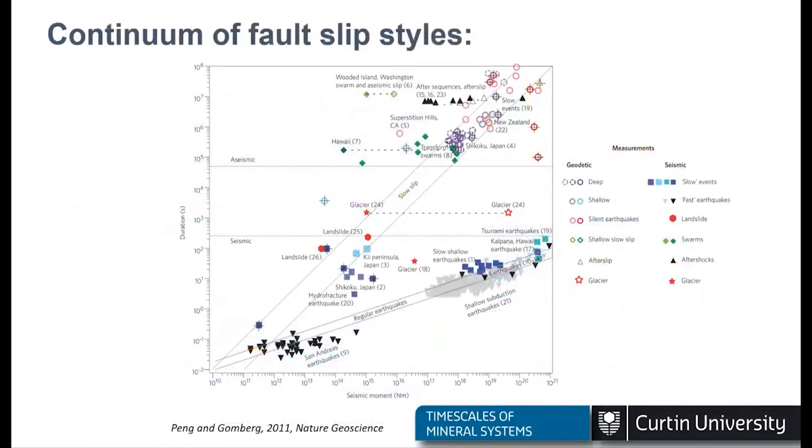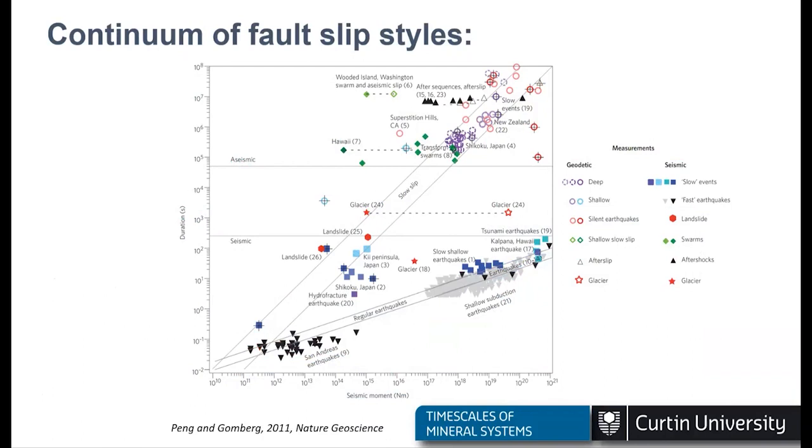And this slide was a paper by Peng and Gomberg in 2011. They tried to pitch this holistic perspective, right? That you have almost two classes of earthquakes in the broad sense. You've got your normal regular earthquakes that happen over a very short duration, seconds to minutes, but release a lot of energy in that short time period.